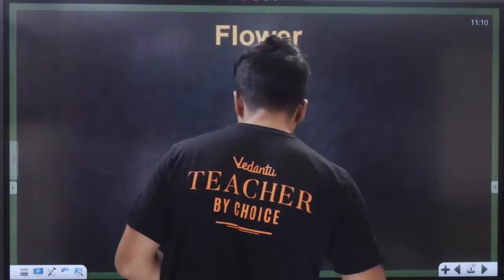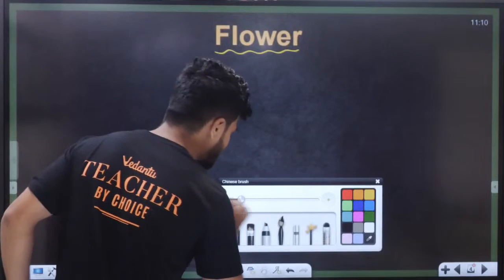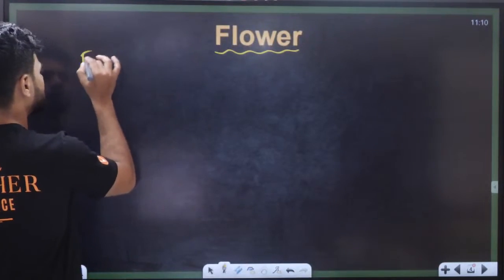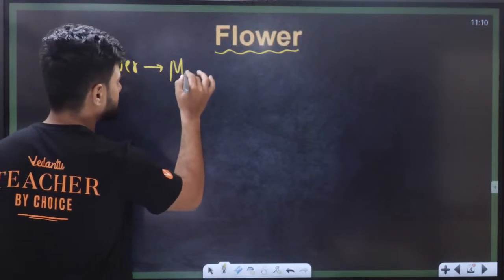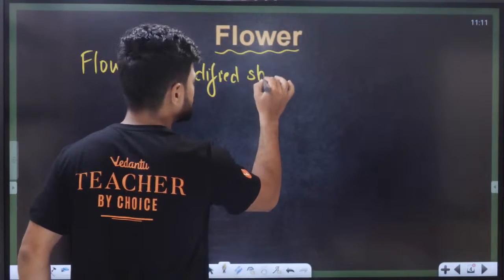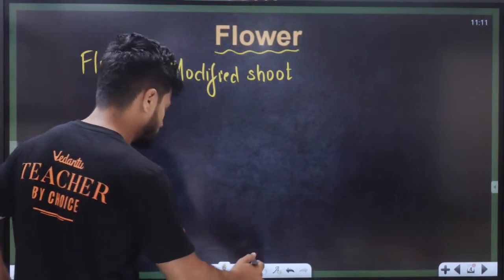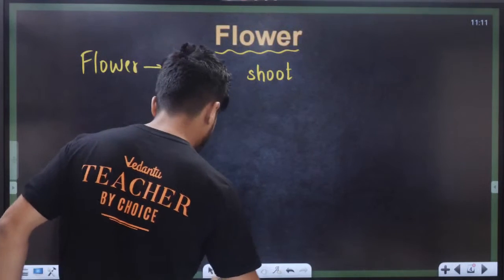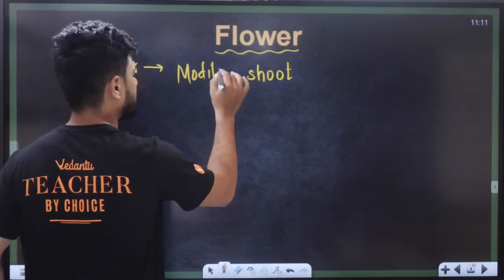But what exactly is a flower, students? The answer is very simple. Flower is nothing but a modified shoot.